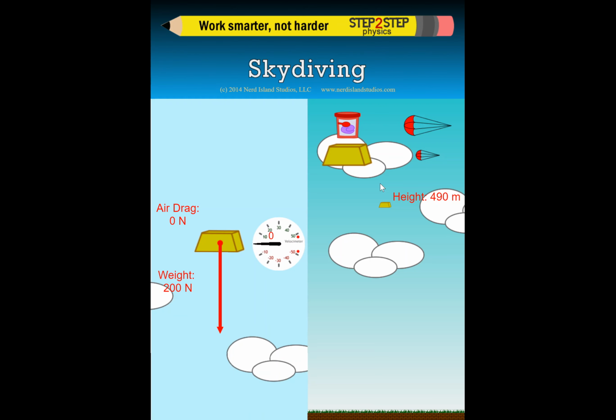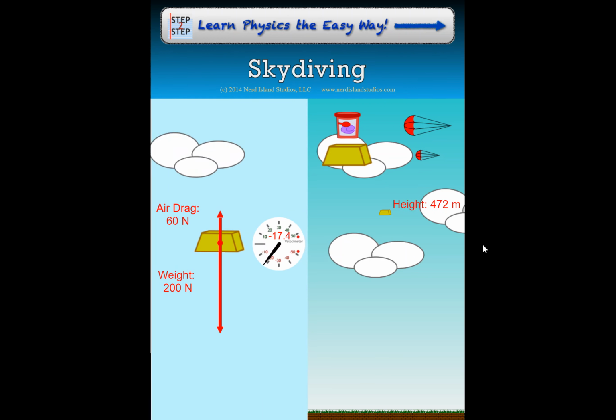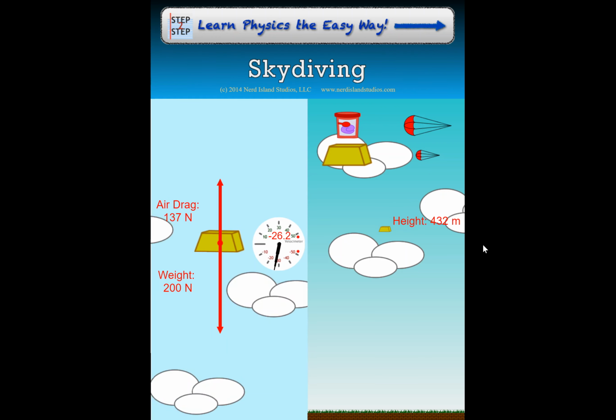So I'm going to drop this object and we're going to watch that air drag increase, and I'll explain when we reach terminal velocity. What terminal velocity means is that the object is no longer accelerating towards Earth. So I'm going to drop the object, and we can see that air drag increasing as the object accelerates, speeds up.